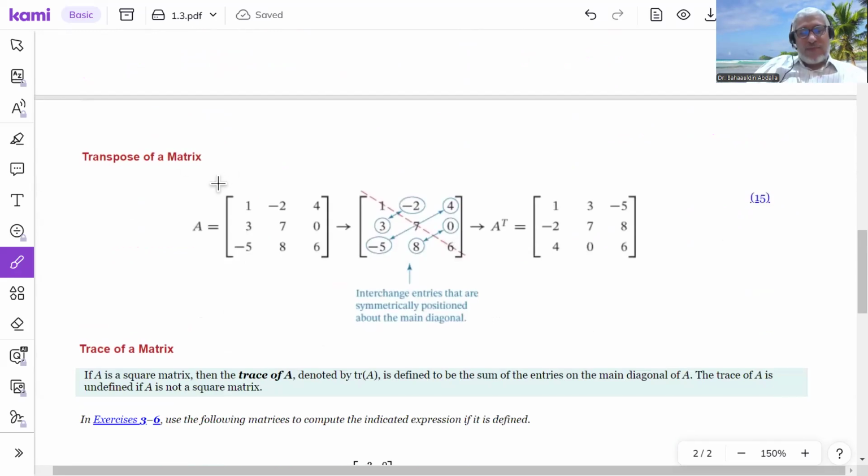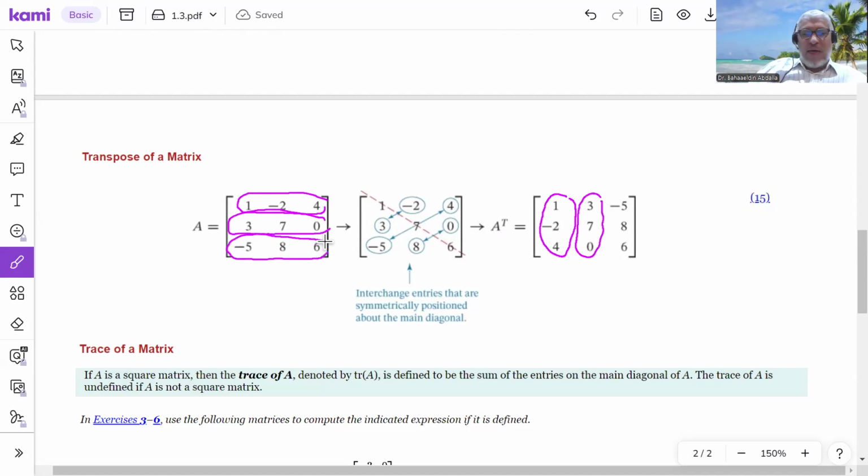Transpose of a matrix. If we have a matrix A, how can we find AT or A transpose? We take the first row of A and write it as the first column in AT. The second row in A, write it as the second column in AT. The third row in A, write it as the third column in AT.